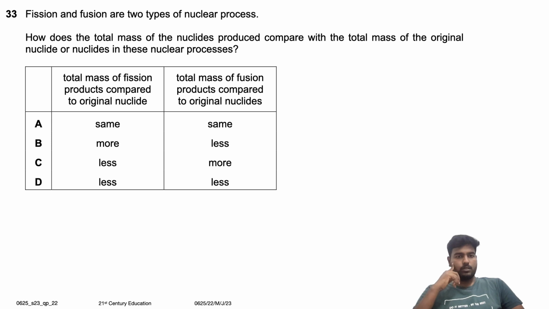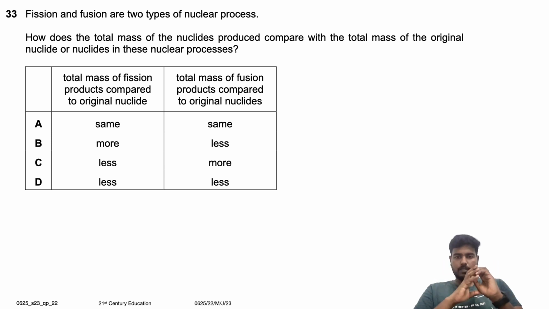Fission and fusion are two types of nuclear process. How does the total mass of the nuclide produced compare with the total mass of the original nuclide or nuclides in this nuclear process? In fission, one large nucleus is split into two lighter nuclei.